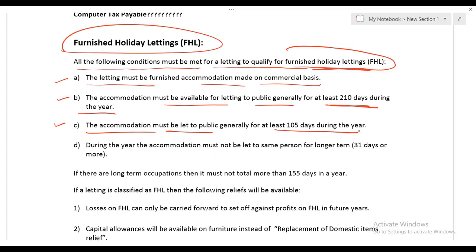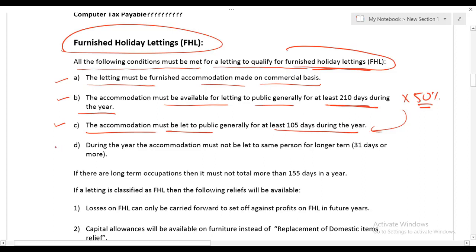That is, the general public must actually have used that property for 105 days. You can say 50% of 210 days. If I take 50% of 210 days, obviously I get 105. So this accommodation must actually be let for 105 days in the entire year.